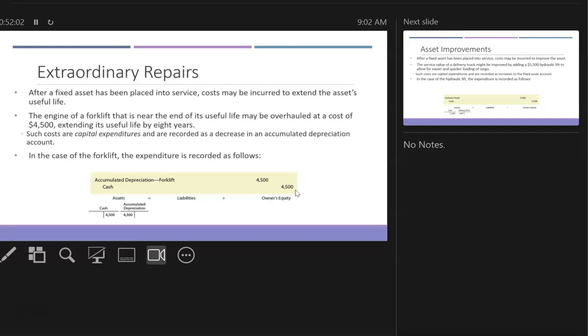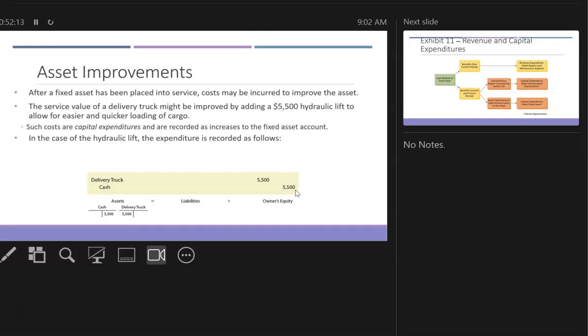I'll be honest with you. This is the first semester I've had this book, and I don't see this. I usually see everything gets added as an asset improvement. So that's a first, just so you know. If you get that wrong, I'm not going to beat you up because I've been doing this a lot of years and I've never seen it done that way. Usually if it extends the life, we treat it as an asset.